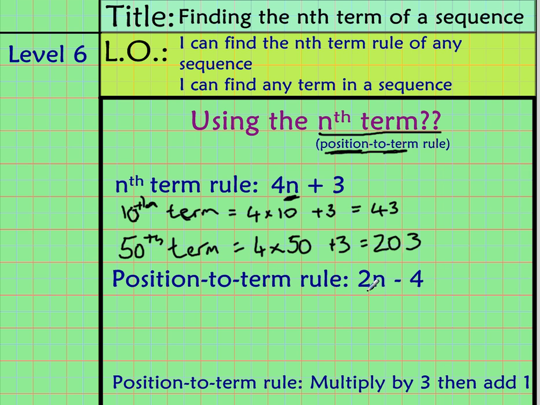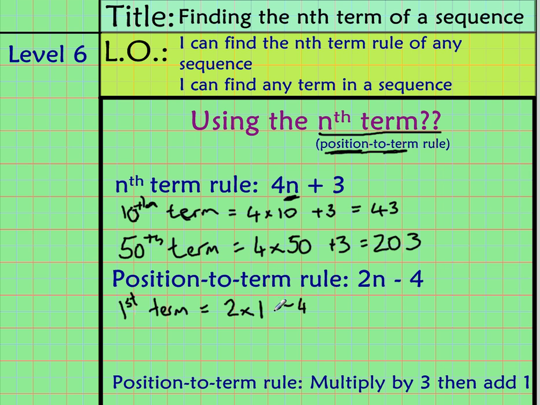Okay? So we've got 2n minus 4. Maybe this time they want me to work out what's the first term. What's the first term of a sequence with this as its nth term rule? Okay, well, I do 2 times, what's the n going to be? Well, it's the first term, so just 1.